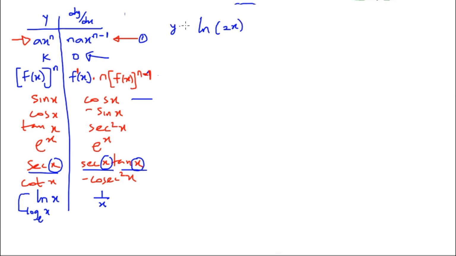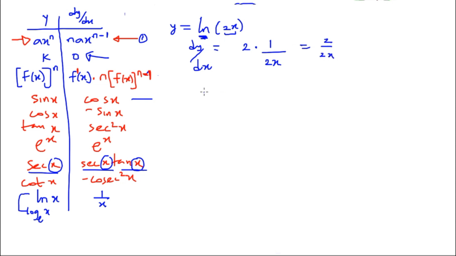If y is equal to ln 2x, my dy dx will be equal to, I need to differentiate this first so that I will have 2, then I dot it. The normal differentiation of ln is supposed to be 1 over that function, just like I have here. If I differentiate ln x, I should have 1 over x. So the normal differentiation of ln is 1 upon the original function. That's supposed to be 2x. So eventually I should have 2 over 2x.